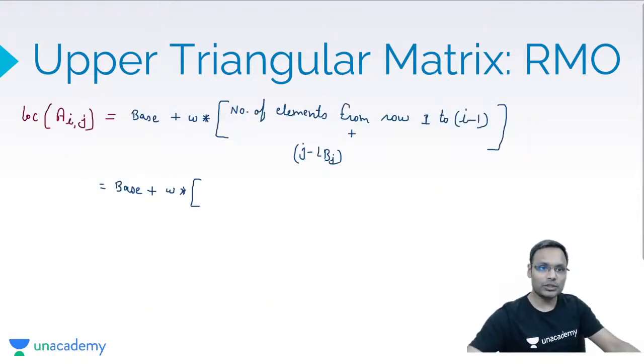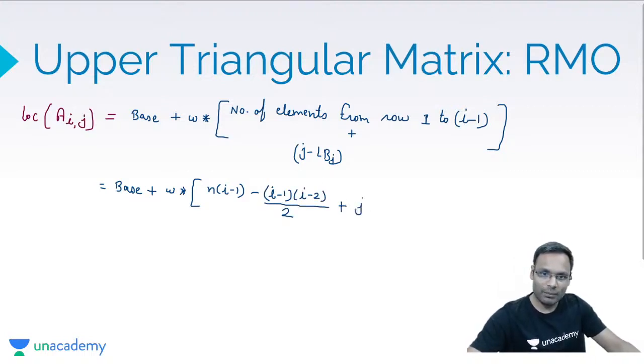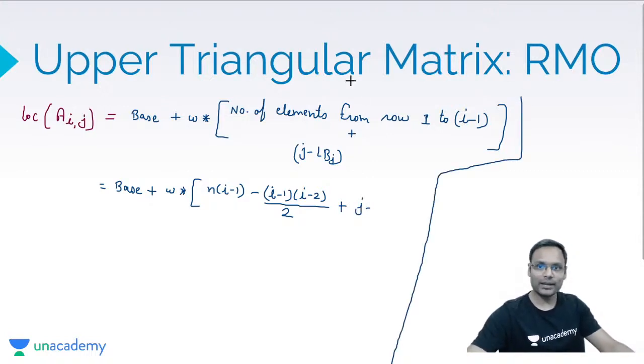Let's put these values here. So it is I minus 1 times n minus I minus 1 into I minus 2 divided by 2 plus j minus lower bound of j, which we will have to calculate separately.